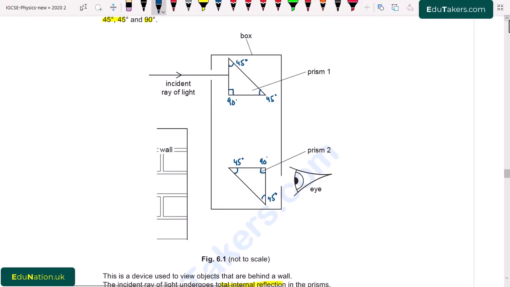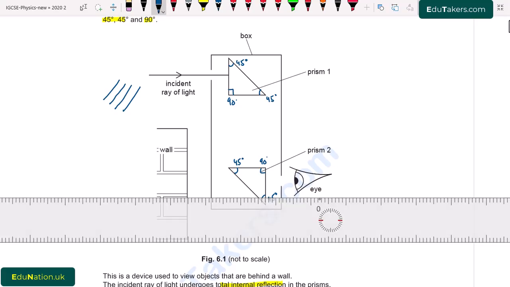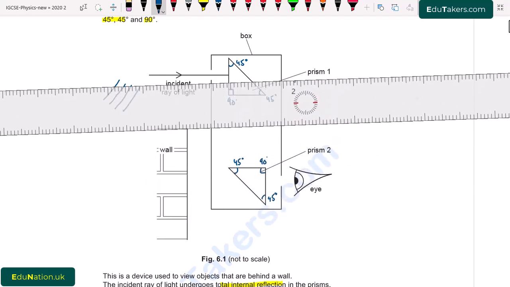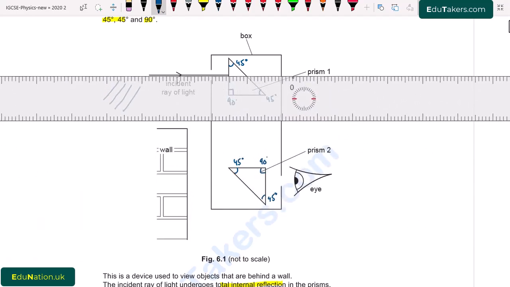There is an incident ray of light that hits prism 1, and when you look at the prism, you will see something behind this wall just like this. Because the incident light is coming from prism 1 and entering into prism 2, I am going to draw the line so that the incident ray hits prism 1 completely inside it.